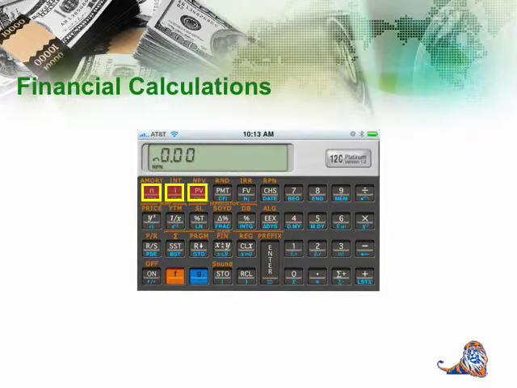The payment key, or PMT. And the FV key, which represents the future value key. All of these keys work together, and when given the command, if other information is in the calculator, will deliver to you the sum or result.